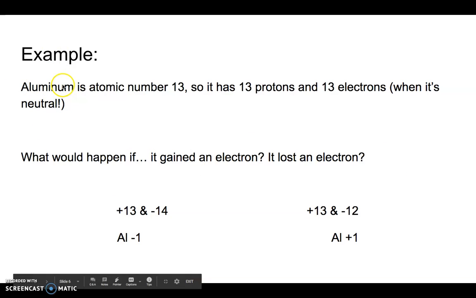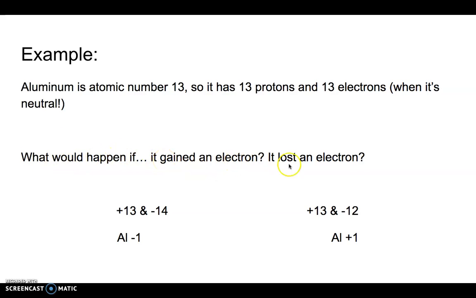So aluminum. All right, aluminum is atomic number 13, which tells us that in a neutral state, it has 13 protons, so 13 positives, and 13 electrons, 13 negatives, right? So it's neutral, has 0 charge. I'm going to look at what would happen if aluminum gained an electron and lost an electron.